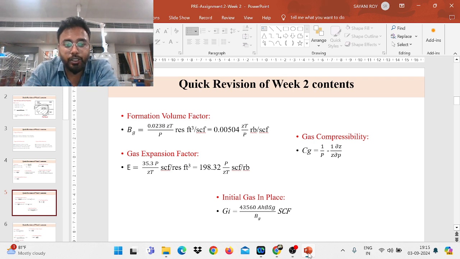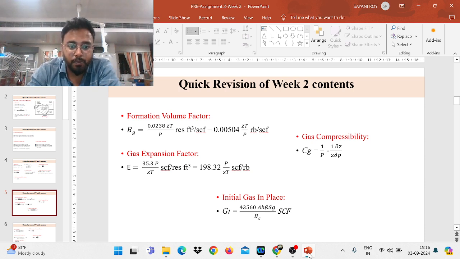The difference between the two formulas is that both are calculated at reservoir pressure and temperature, but the first is in feet cube per SCF, and the next one is when we are calculating in barrel per SCF.